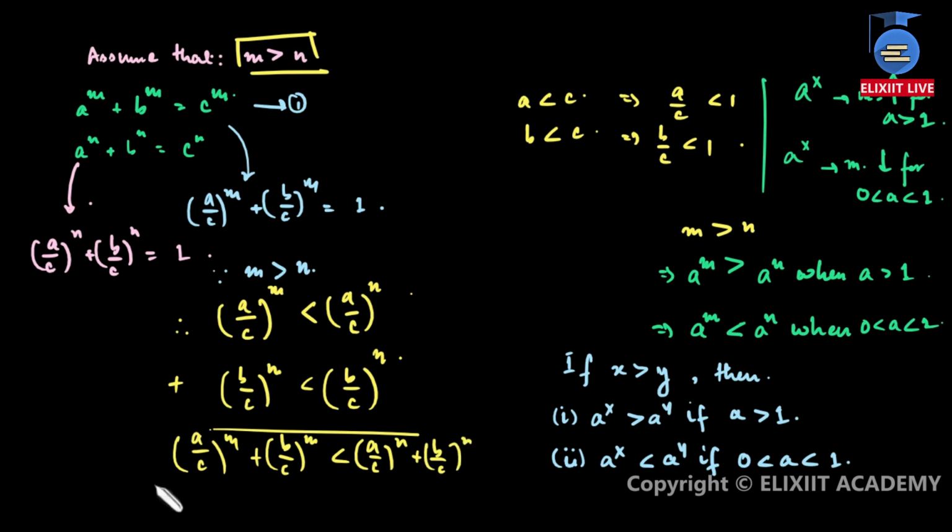We all know the left side is 1, and the right side is 1, so 1 is less than 1, which is a contradiction. This is not possible. So our assumption that m is greater than n is wrong. Clear?